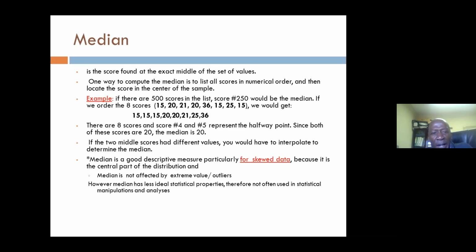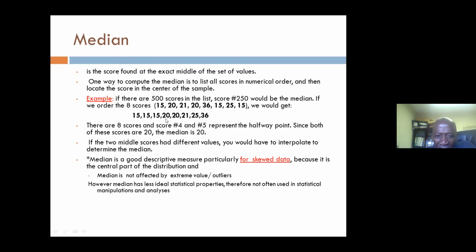If we order that example of 8 values, we get that ordered sequence there. So there are 8 scores, and the value at number 4, at the middle position there, when we have 8 scores, we don't have a single middle value. But again, the value at number 4 and the value at number 5 represent the center, and coincidentally it is the same value, 20.